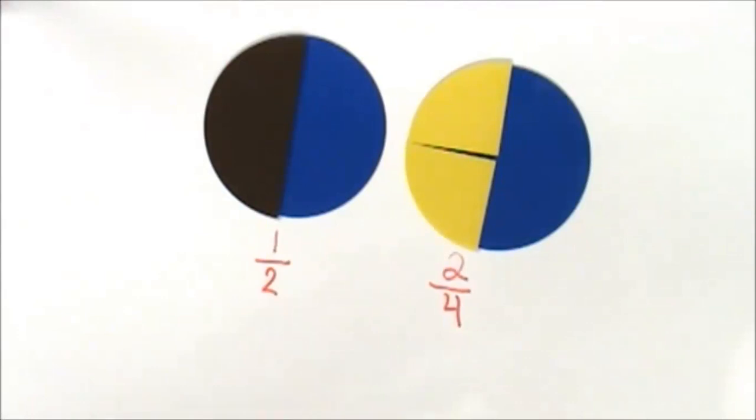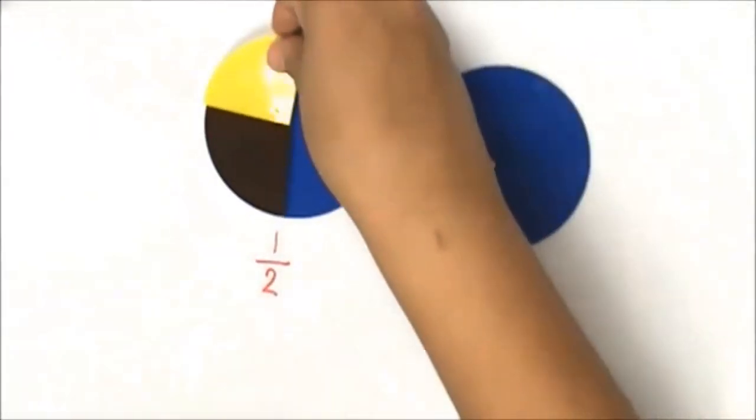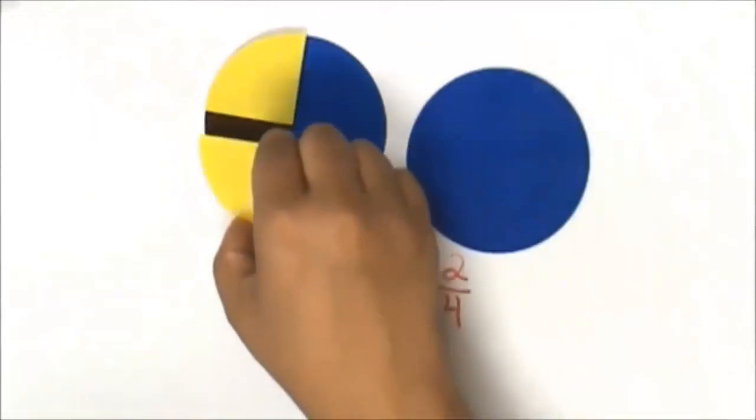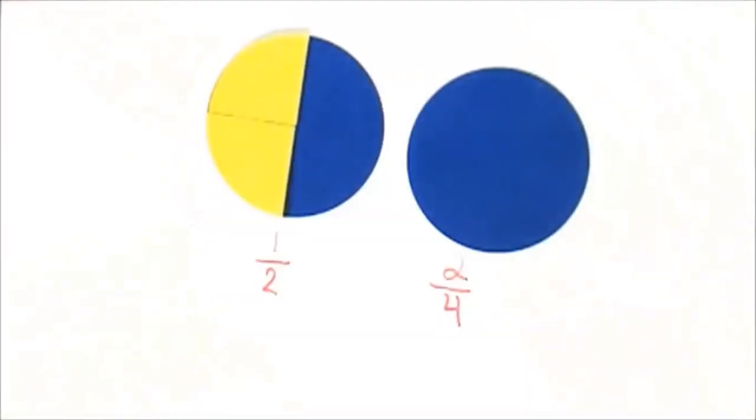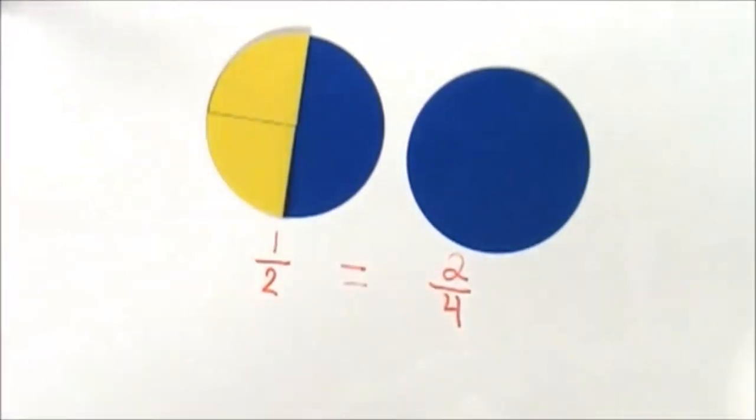Let's check by placing 2/4 on top of 1/2. When I placed 2/4 on top of 1/2, it showed that both covered the same area, the same portion of the whole. That means that 1/2 is equivalent to 2/4.